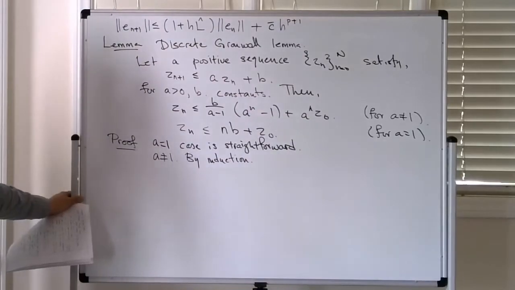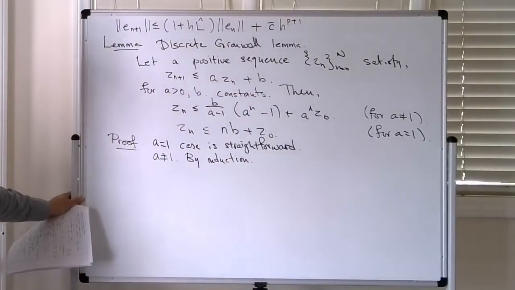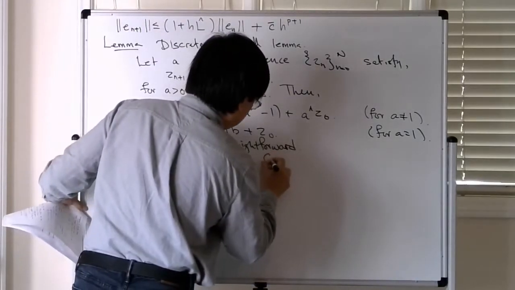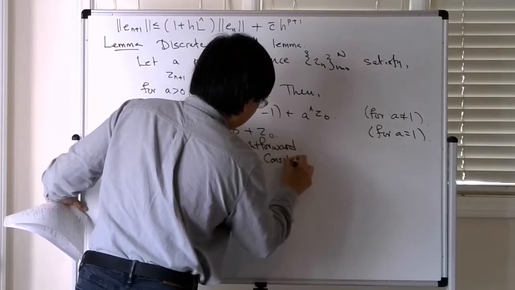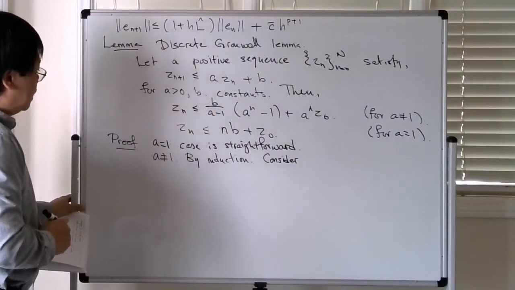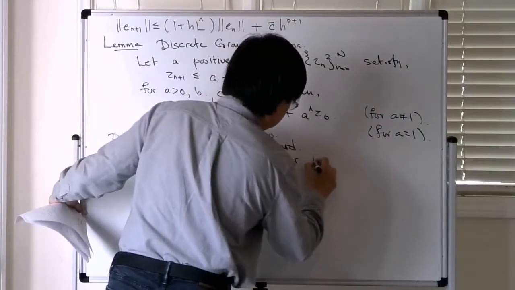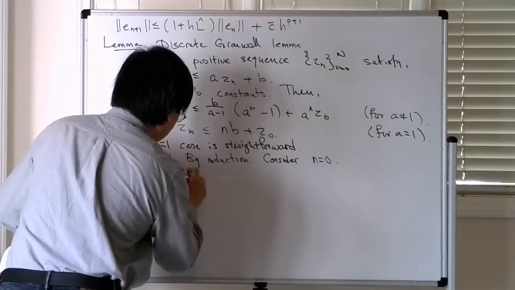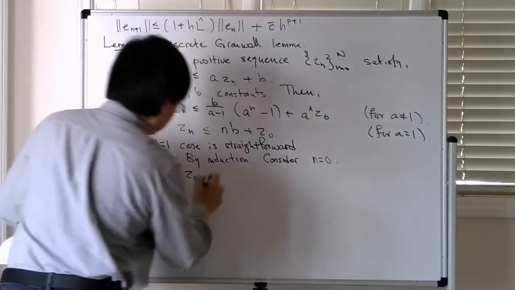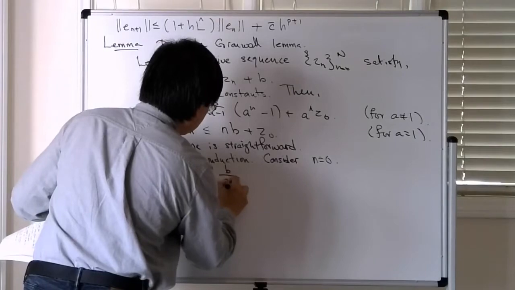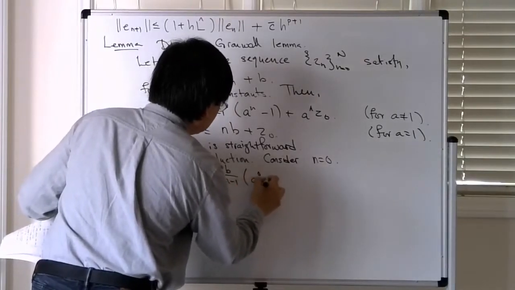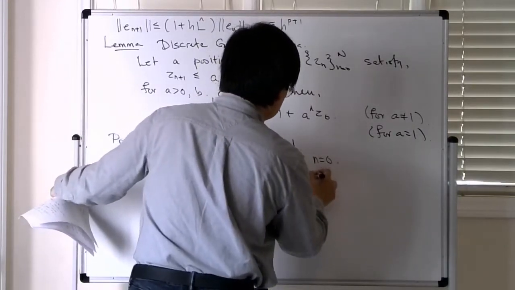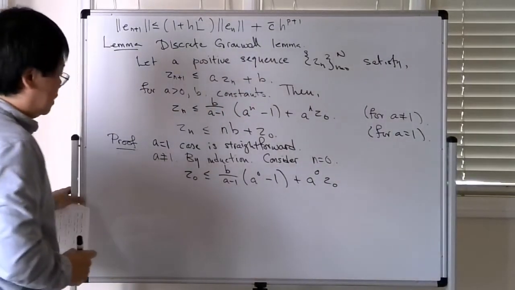Okay, so of course you have to establish the base case, which would be n equals 0. So let's say we consider the case where a is not 1 and n equals 0. If you check what that inequality is saying, it's that z0 is less than or equal to b over a minus 1, times a to the 0 minus 1, plus a to the 0 z0.